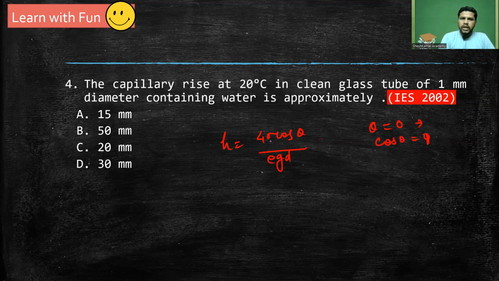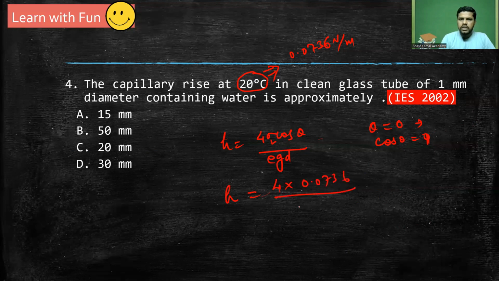Sigma is surface tension. You have to remember the value of surface tension at 20 degrees Celsius, which is 0.0736 Newton per meter. The value of h is 4 into 0.0736 into cos 0, which is 1, divided by rho, which is 1000, into 9.81 into diameter.